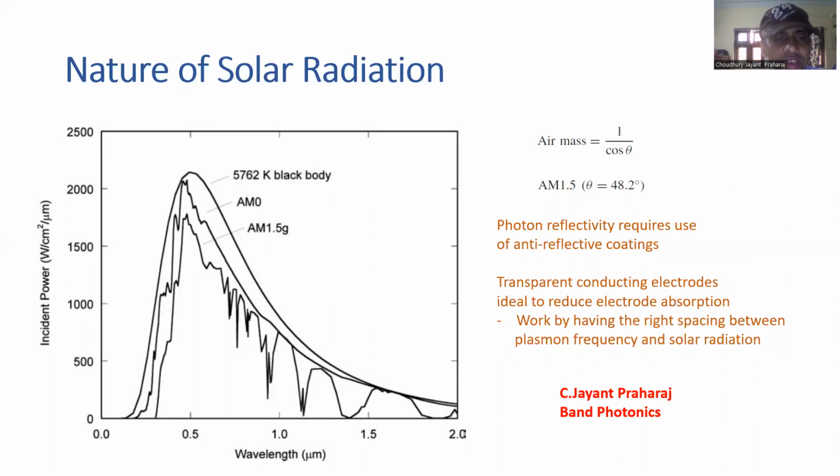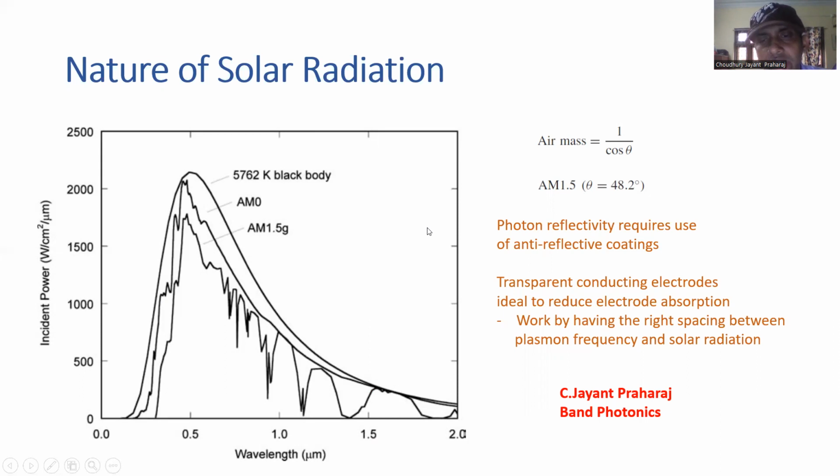And you can see here that that manifests in the spectrum received at the surface of the Earth, what is shown as AM 1.5G radiation here. You can see that those absorption bands cause these dips. So there are these dips at specific bands. And the exact nature of the spectrum needs to be taken into account while optimizing solar cell devices.